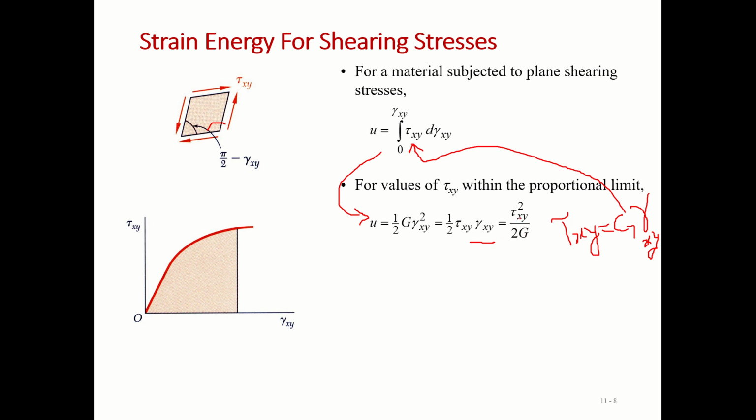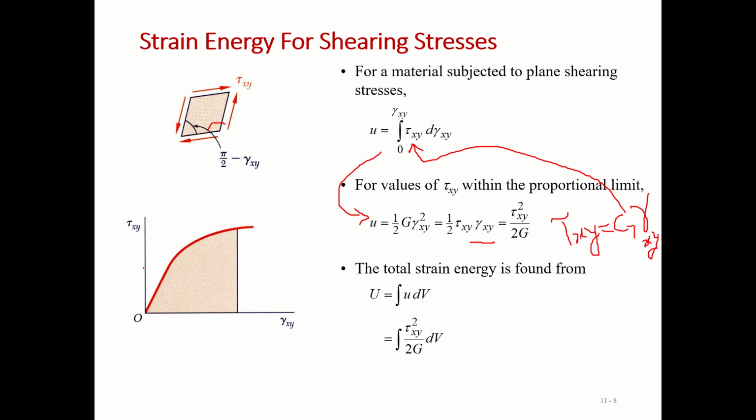So it is just like the strain energy for the elastic limit, except that the modulus of elasticity is replaced with the modulus of rigidity, and the normal stress is replaced by the shear stress. So this is the total strain energy for the shear stress.